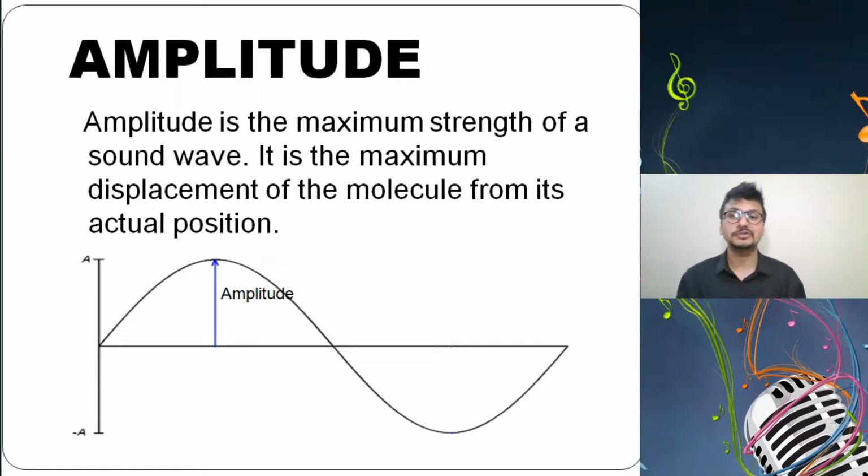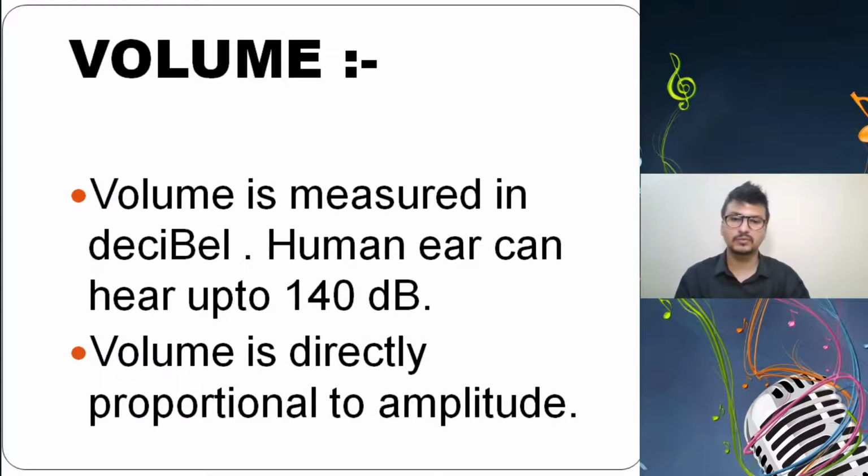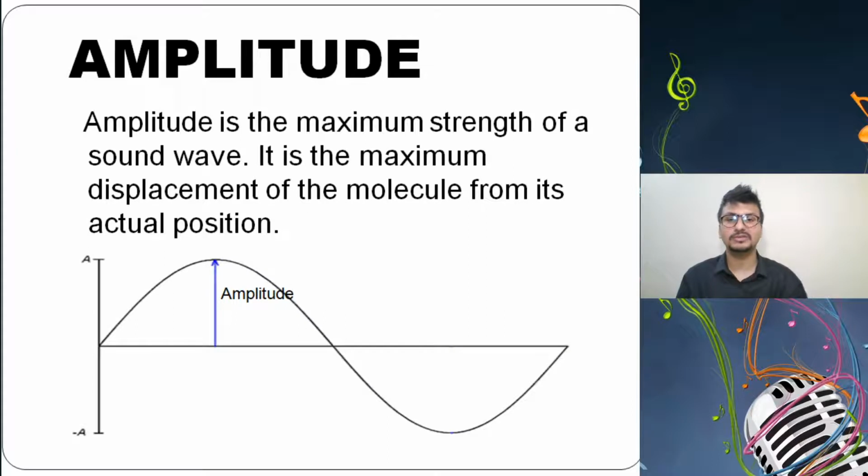The first hello I said in a very normal volume, comparatively low to the second one, so the amplitude was low. In my second hello, the hello was loud, the volume was high, so it means the amplitude was more. Clear? Amplitude will be high because my voice was high, my volume was high. So the volume is directly proportional to the amplitude.